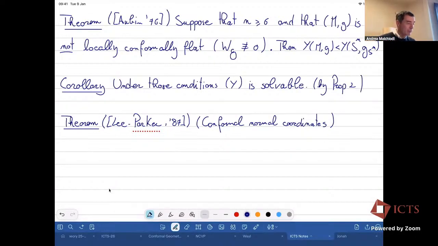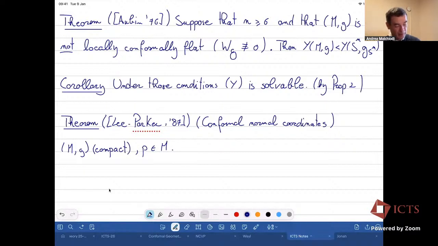So what they proved is the following. You start from a compact manifold. Actually, it's not needed, it's a local result. You take a point P in the manifold. The manifold is of dimension little n.